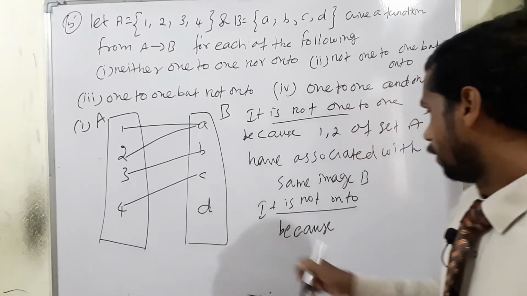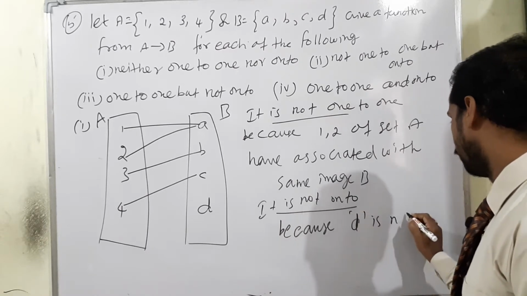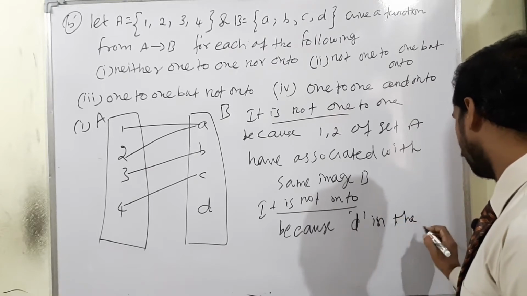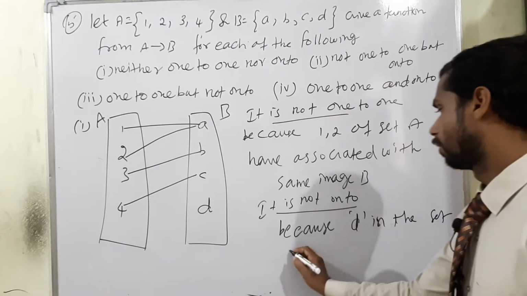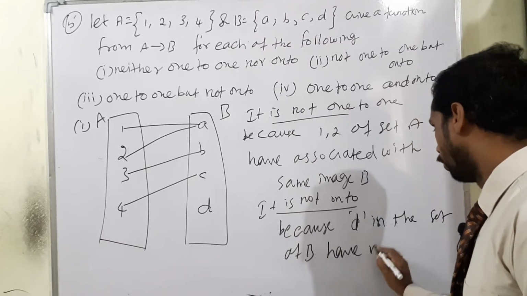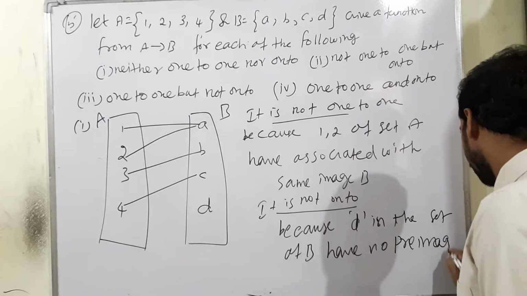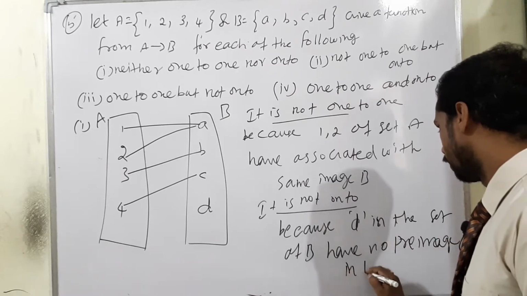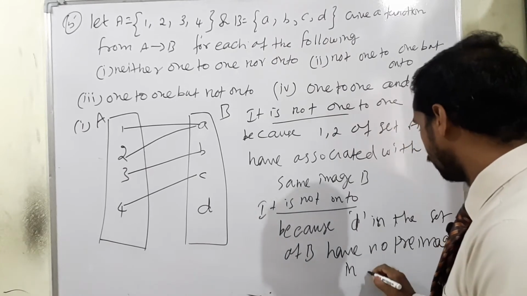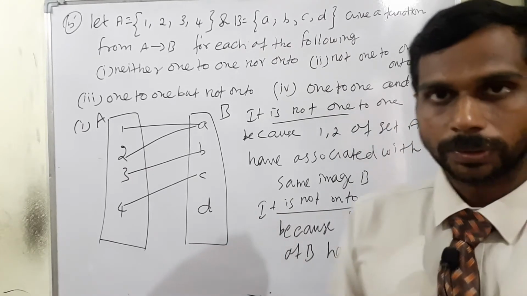Here D in the set B has no pre-image in set A. That's why we are saying it is not onto. I'm moving to subdivision 2.